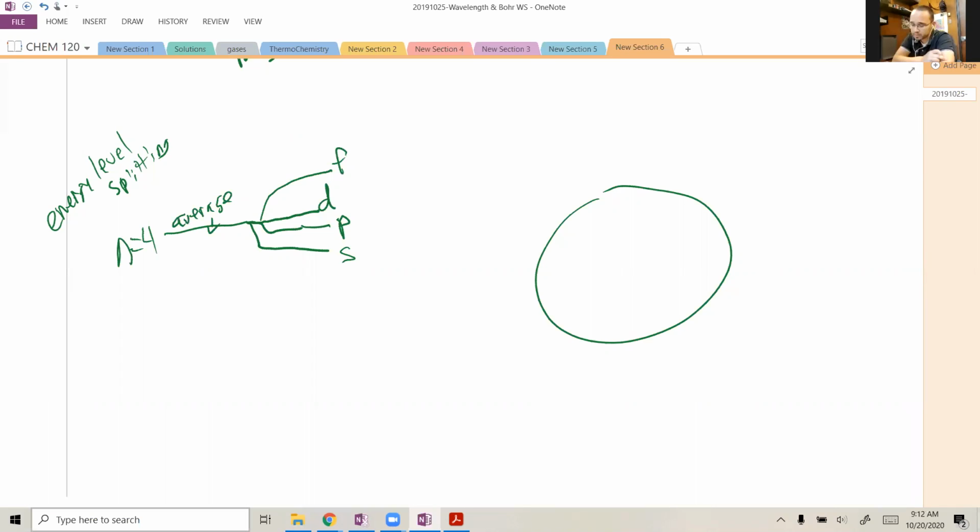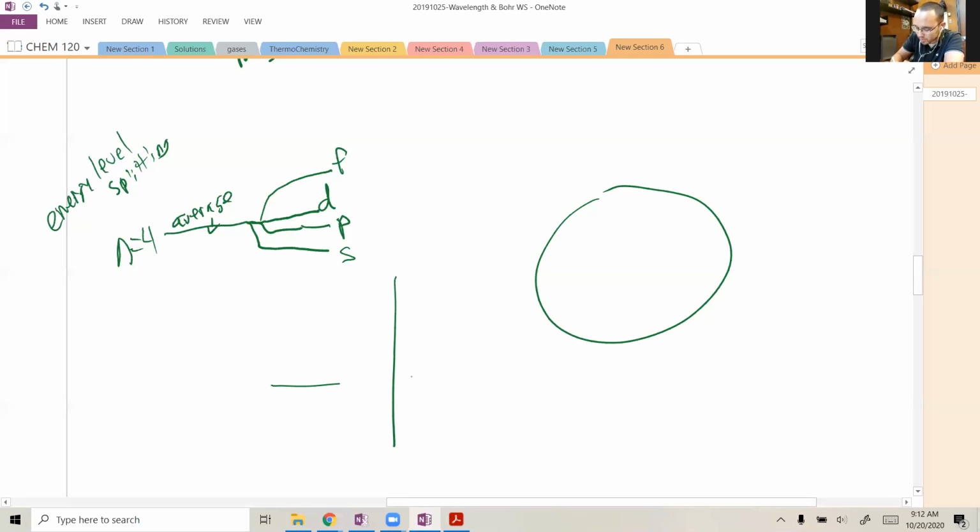But in more specifics, we can split it between that S, that P, that D, and that F through its energy levels. Each of those shapes has different energies in relation to the other shapes. Now, within that one, all of those orbitals take on that same amount of energy.